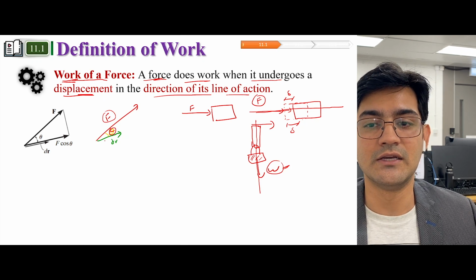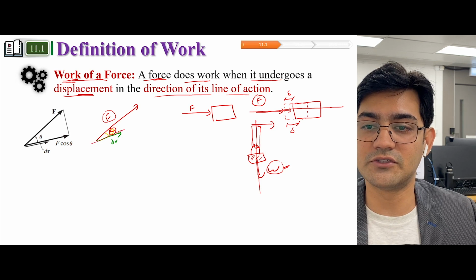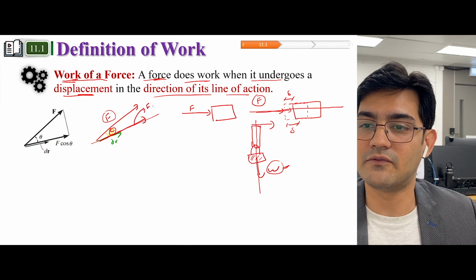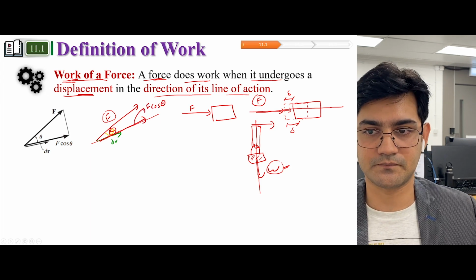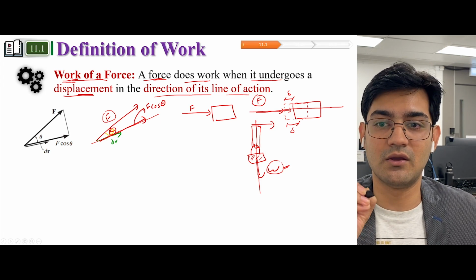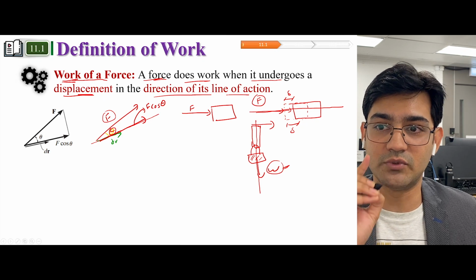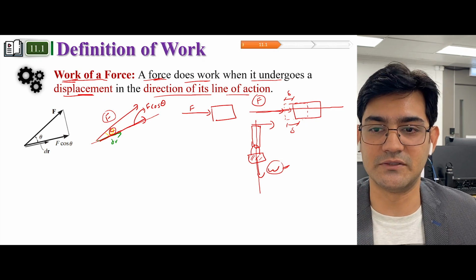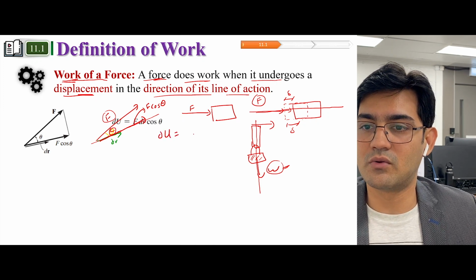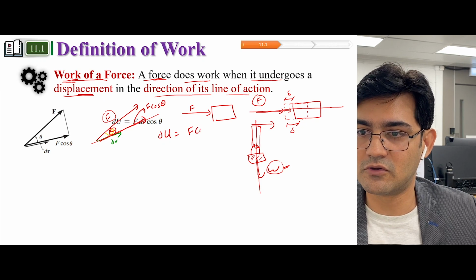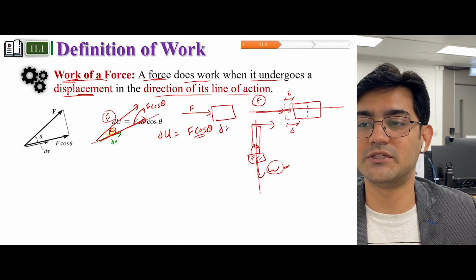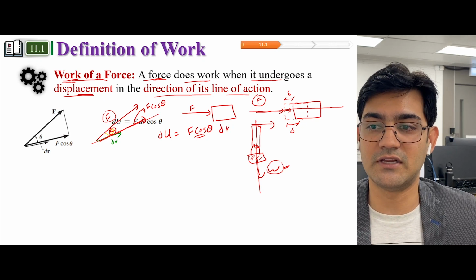We already know theta, so the component of force in that direction would be F cos theta. This F cos theta is the component of force which is producing work. So in this case, the formula for work would be F cos theta, which is the force, times the displacement, which is in the direction of its line of action.